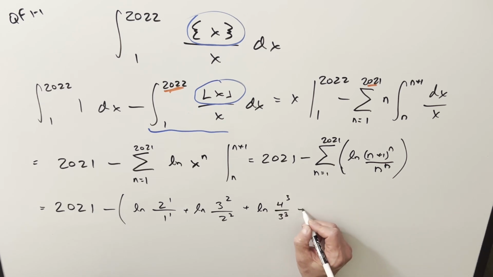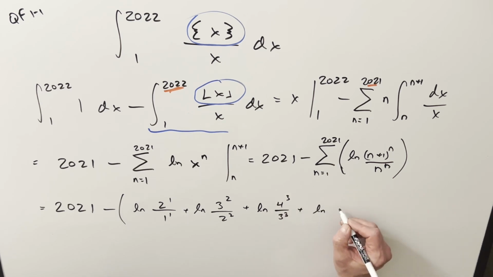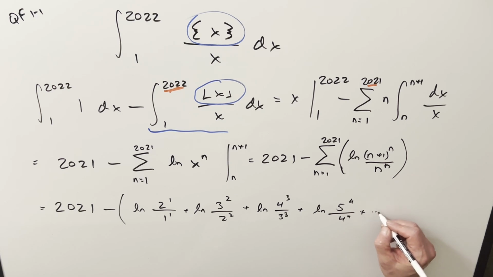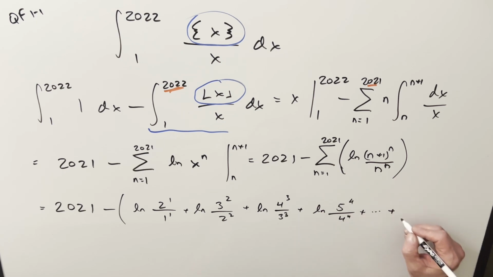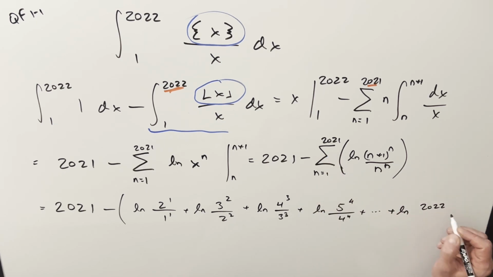I think you can see the pattern, so this is going to go on and on like this. Actually, I shouldn't say forever because it does come to an end at 2021. So let's just do the last term. At the last term, we get natural log of 2022 to the 2021 over 2021 to the 2021.